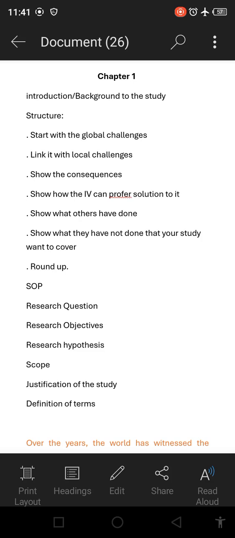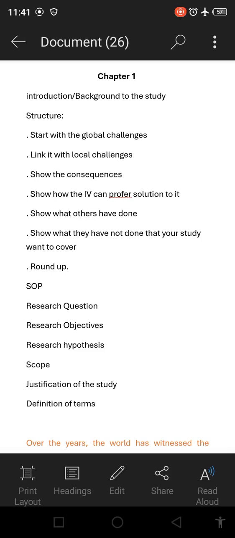And if it is not interesting, definitely they won't see it as something worth reading. So it is important for you to take notes and be attentive to how to write the introduction or background to the study. Pay attention to the structure of background to the study.